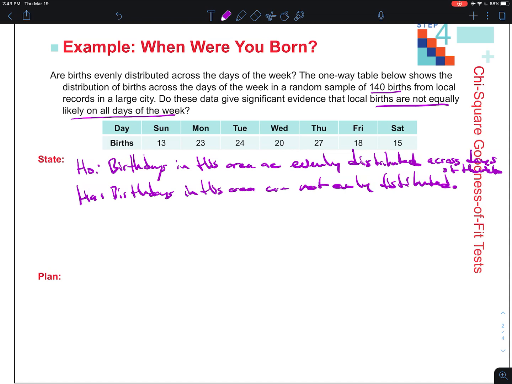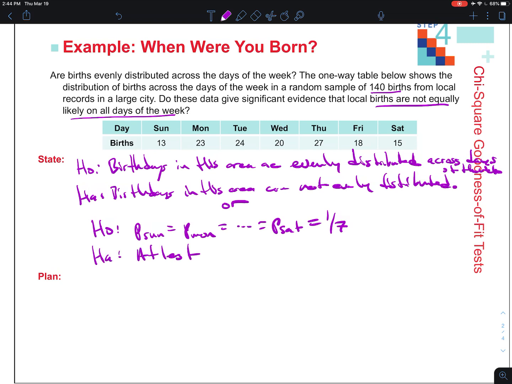Given that we said equally likely and there are 7 days in the week, it could be written this way, and I won't do this for all the examples, but just for this one. P sun equals P mon equals ... equals P sat, all of which equal 1/7, versus the alternative that at least one of the proportions is not equal to 1/7.